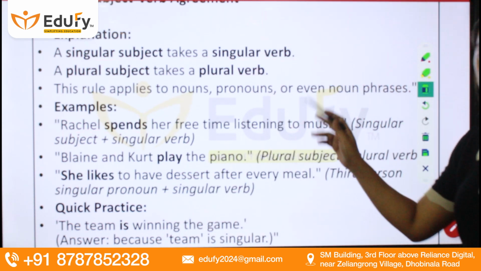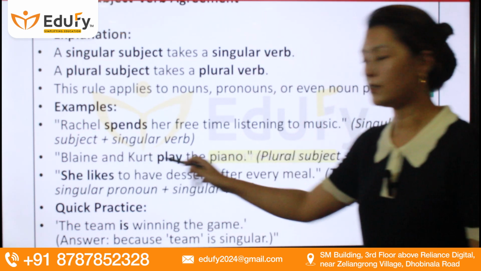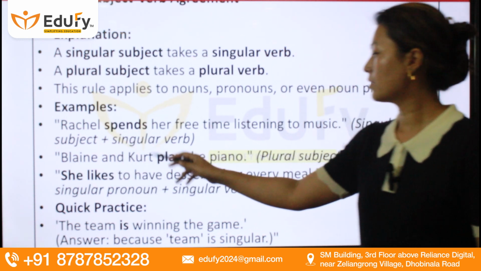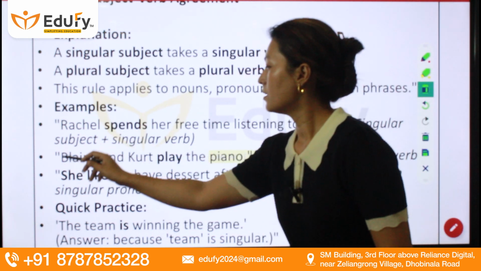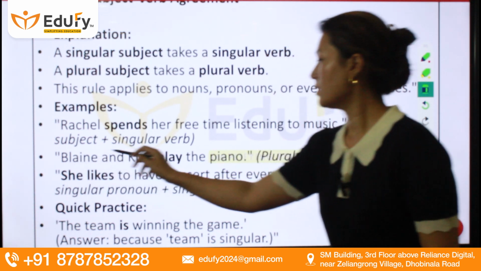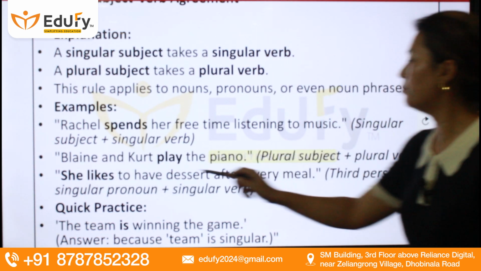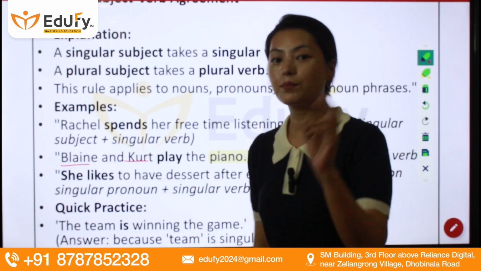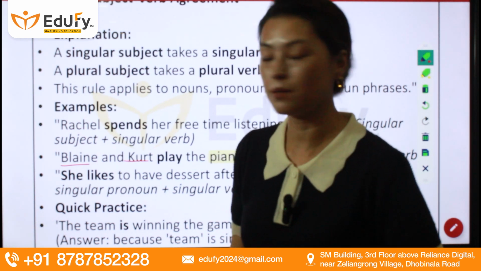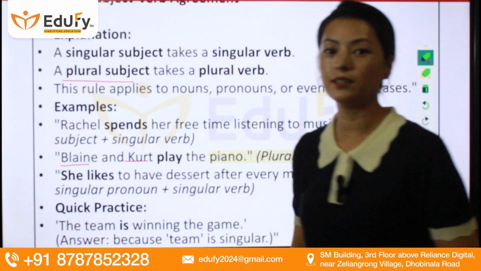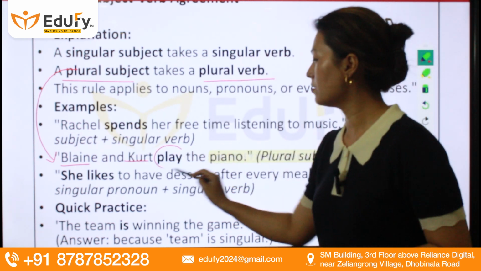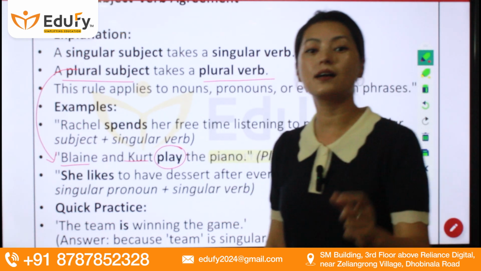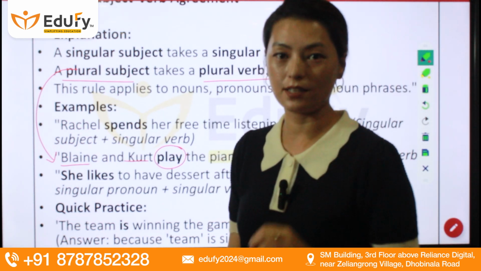So in the second sentence, we look at this sentence. Blaine and Kurt play the piano. Now here we have another example, with two subjects, that is Blaine and Kurt. Two subjects means plural subjects, and according to the rule, when you have plural subjects you will have plural verbs, and that is a grammatically correct sentence.